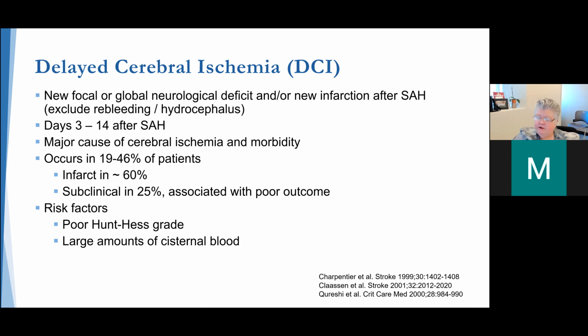All right, so the other common use of quantitative EEG is for detection of delayed cerebral ischemia. This is defined as new focal or global neurologic deficits or new infarcts after subarachnoid hemorrhage. And it occurs in about 20 to 50% of patients with subarachnoid hemorrhage between days 3 and 14, with a peak around days 5 or 6.